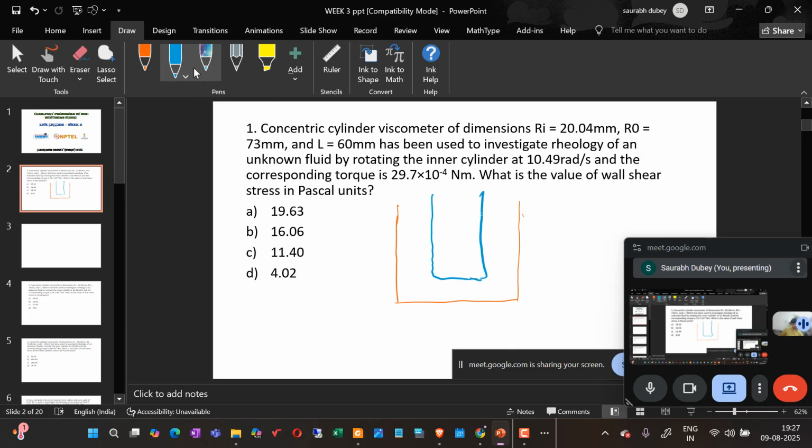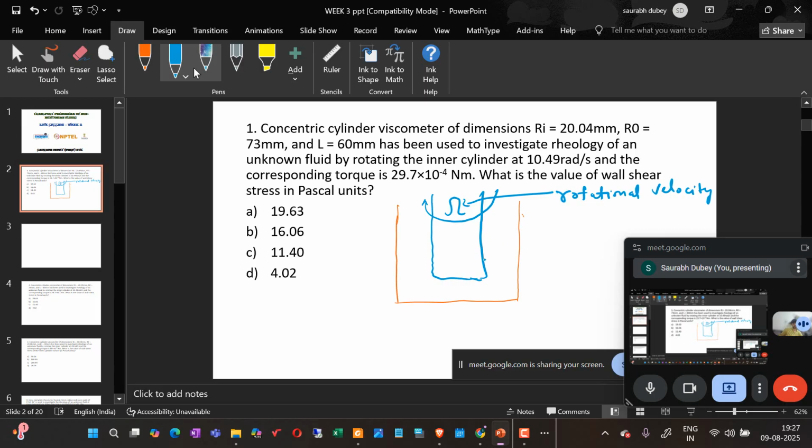And this inner cylinder is rotating with rotational velocity omega I, or speed, you can say.